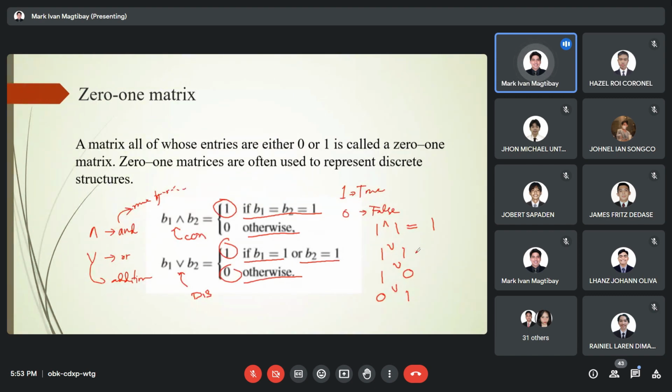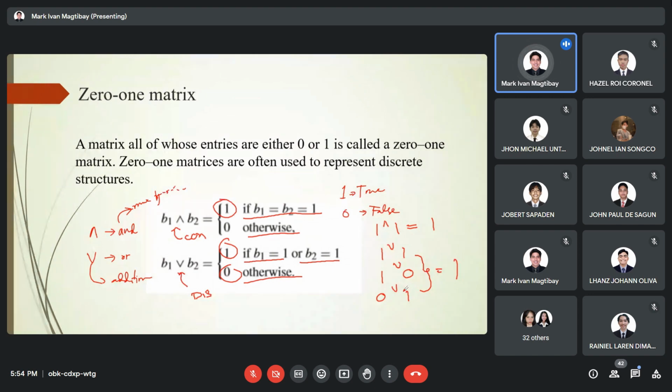Itong tatlong to ay mag-equal po sa 1. Otherwise, siya po ay 0. Para tandaan niyo lang, sa conjunction, siya po ay multiplication. Sa disjunction po natin, siya po ay addition. Okay? 1 being true, 0 being false po.